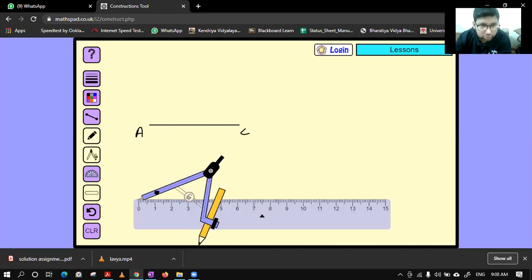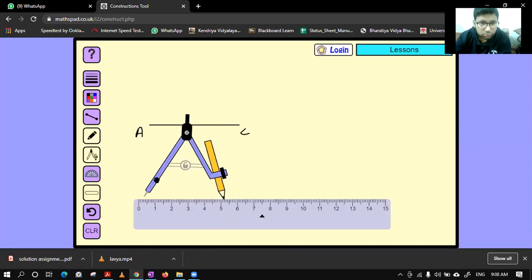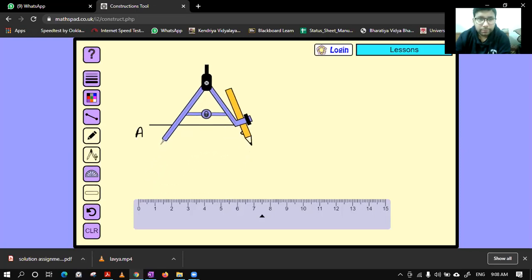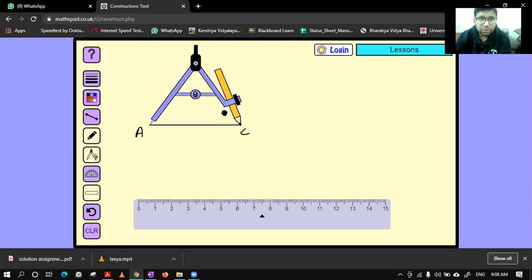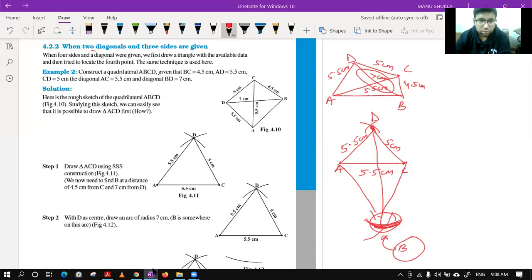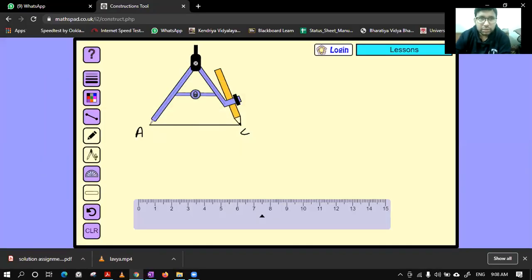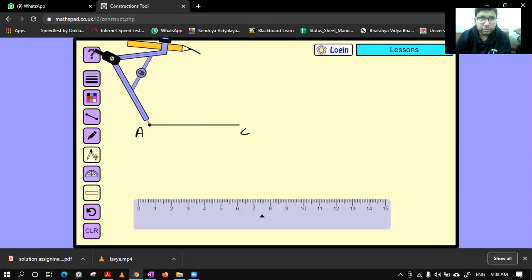So from A, are they both same? Yes, it is same only. So let's cut an arc somewhere here.